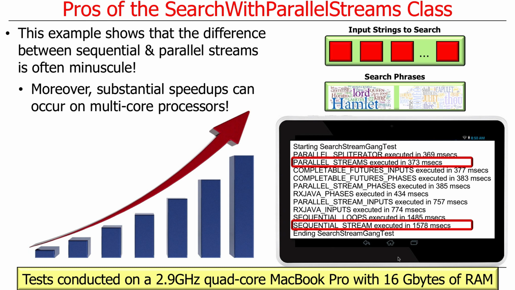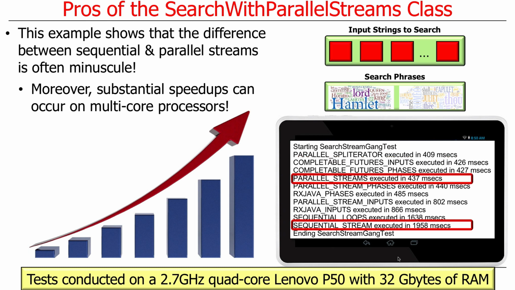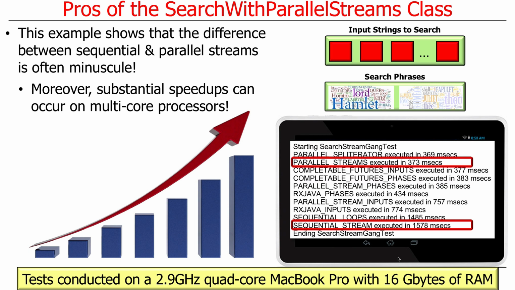And I think the reason for that is that my Lenovo has a lot more memory than my MacBook Pro. So it looks to me as though the completable futures work best if there's lots of memory. They can take advantage of memory better. So that's a speculation. I haven't really delved into that in detail, but I think that's the reason. Yes, Irfan.